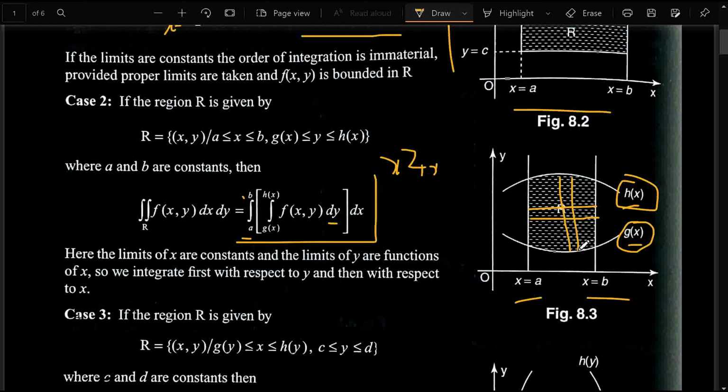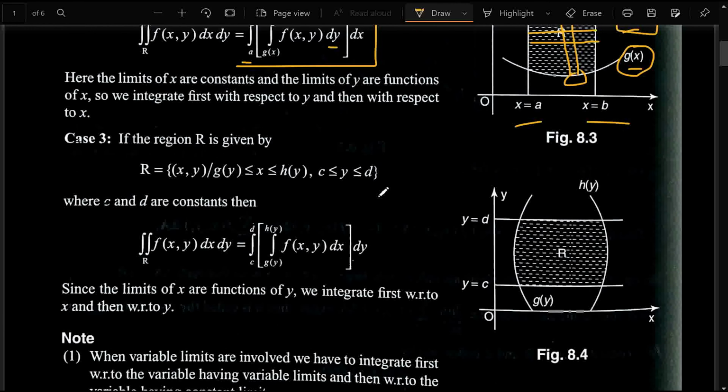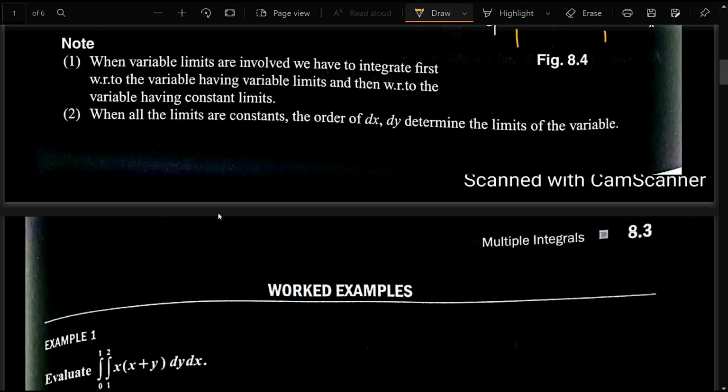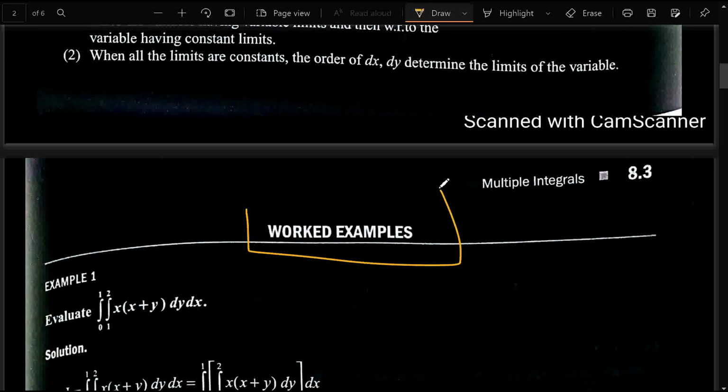So the lower limit is g of x, the upper limit is h of x, with respect to y because the strip is vertical, and then x. The opposite of that, simply, is taking a horizontal strip: the limit will be in x first, so first dx, and after solving the inside we solve dy. After seeing some examples, we can find it easily.